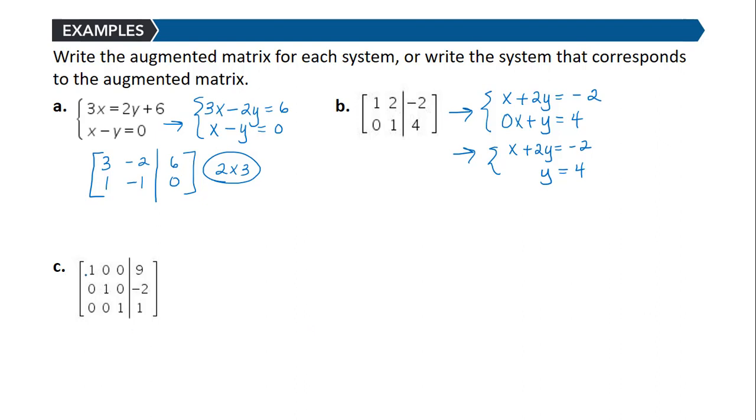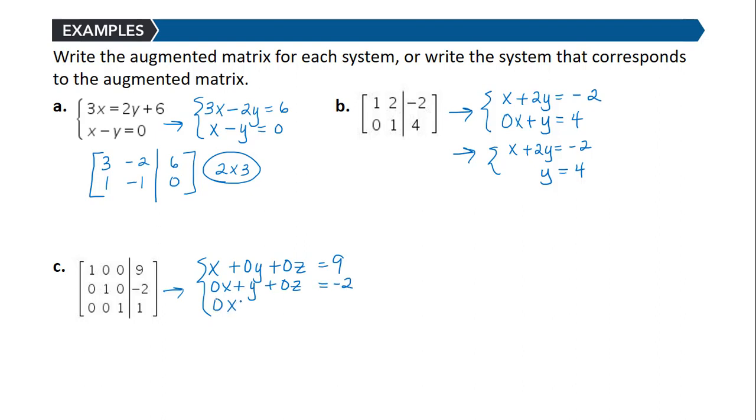The last example is a 3 by 4 matrix. It consists of 1, 0, 0, 9, 0, 1, 0, negative 2, 0, 0, 1, 1. To convert this to a system, this is x plus 0y plus 0z equals 9. 0x plus y plus 0z equals negative 2.